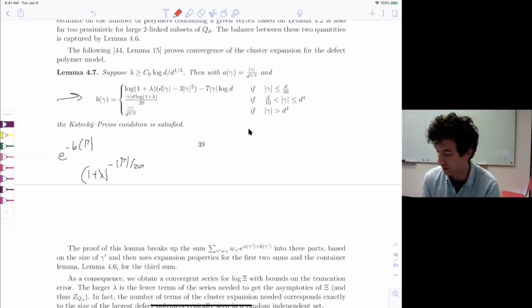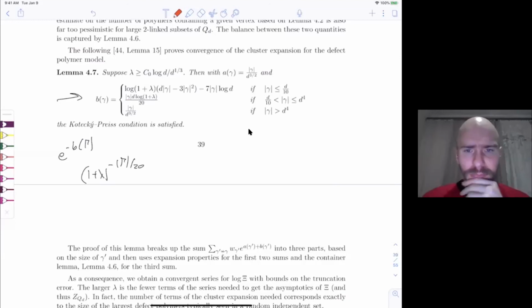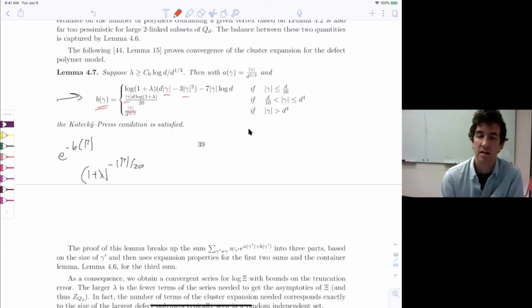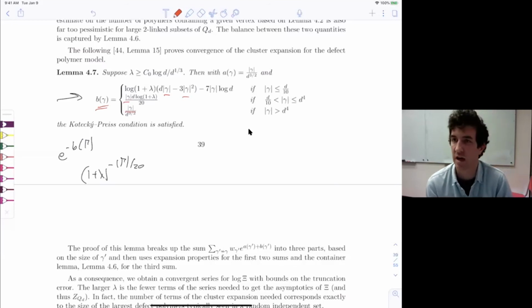Those are good questions. First of all, in terms of the tail bound, the relation between the size of the cluster and the tail bound is very explicit, because this function B of gamma really depends on the size of gamma. So for the tail bound, the size really is what's controlling the bound.